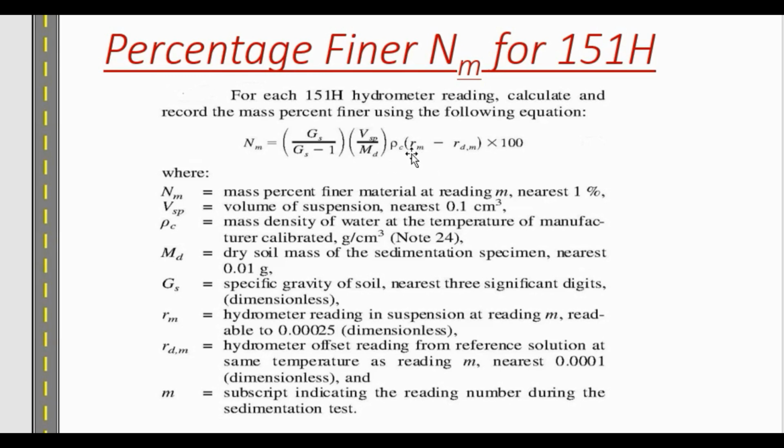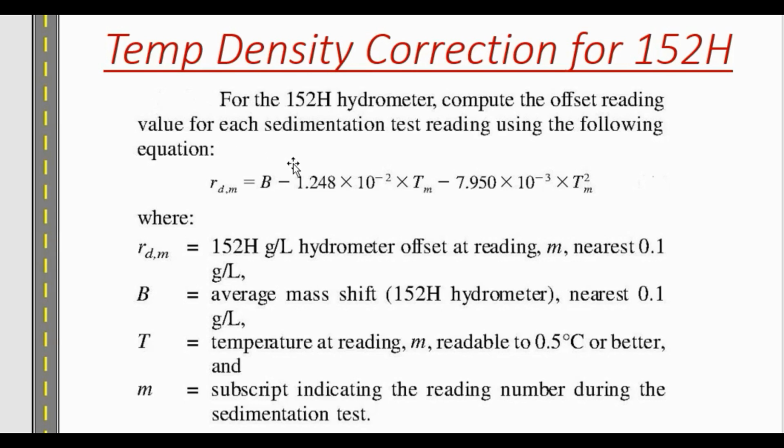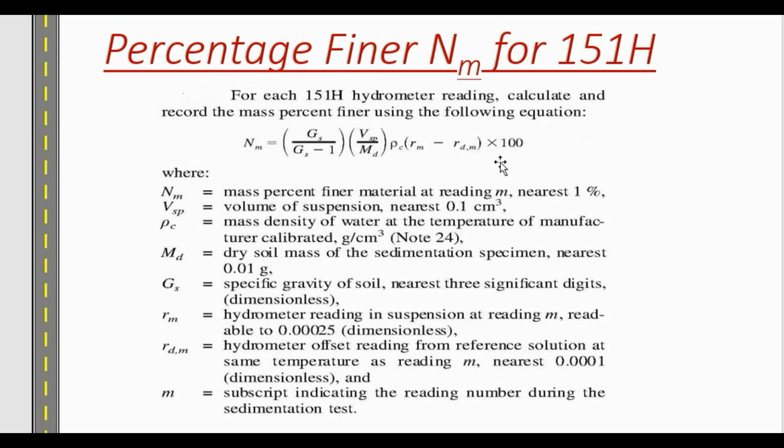Then density of water, Rm will be the hydrometer reading for the particular time, that is 1 minute reading, 2 minute, 3 minute and so on. Each hydrometer reading is denoted by Rm. RDM, as we calculate by this equation, we will use RDM value and multiply by 100. On this basis, we can calculate the hydrometer readings percentage passing.